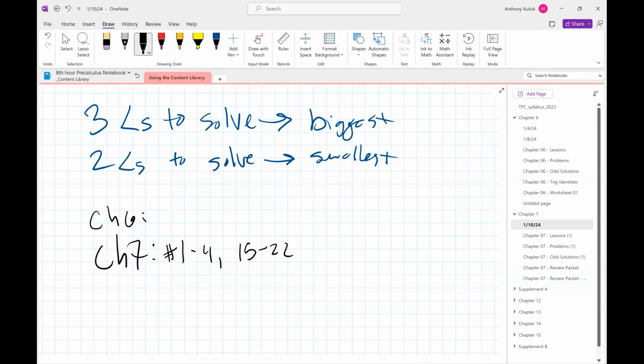Remember from chapter 6, we've already assigned 1 through 10, and then I think it was 23 to 26 and worksheet 1. That's the stuff that'll be for Sunday. Anything we do on Friday wouldn't be due till the following week. Is everybody okay with that?